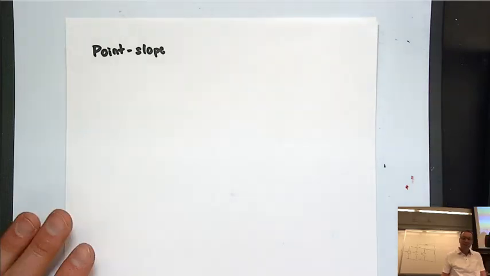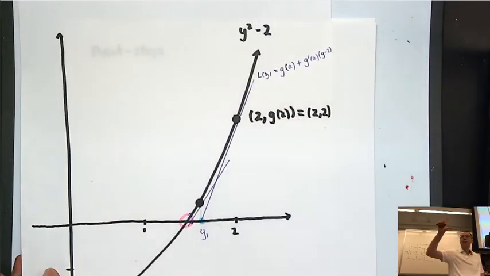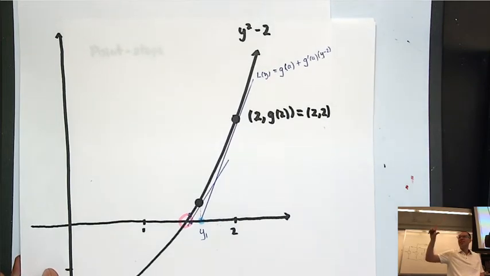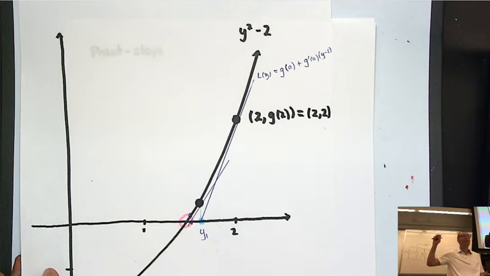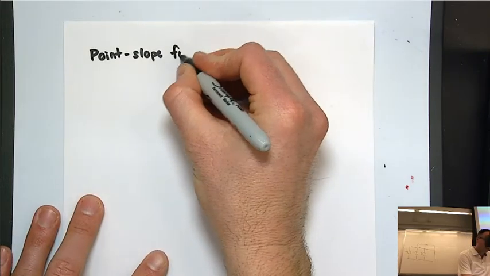But if I were to do this, the optimal object that I'm going to be working with is called a line. I would ask you immediately, what do you know about something called the point slope form of a line?